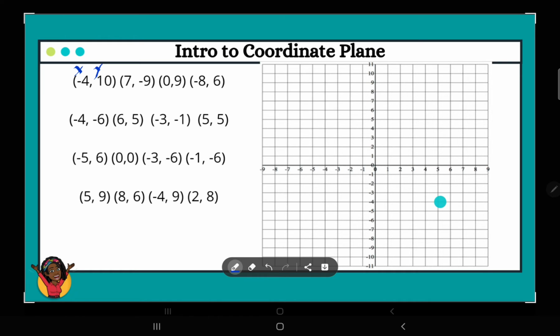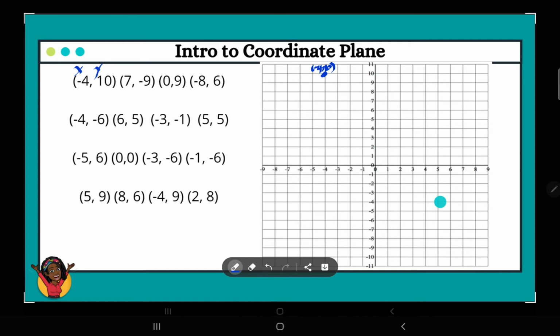Because it's a negative x, we're going to go to the left and identify -4. And then because the y is a positive 10, we're going to go up. So we go 1, 2, 3, 4, 5, 6, 7, 8, 9, 10. And we'll plot our point at (-4, 10).